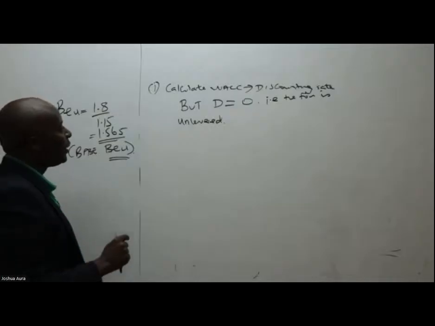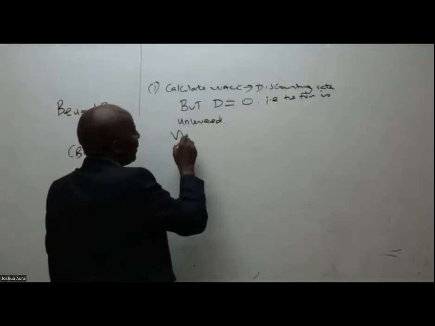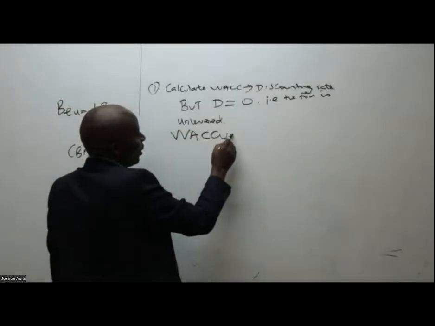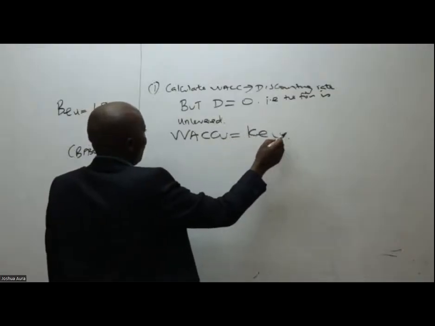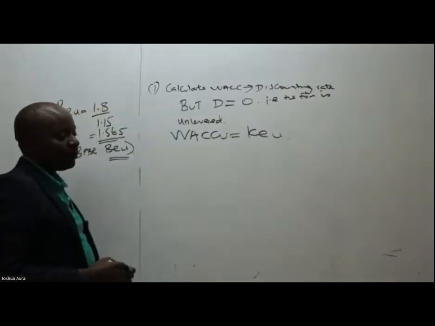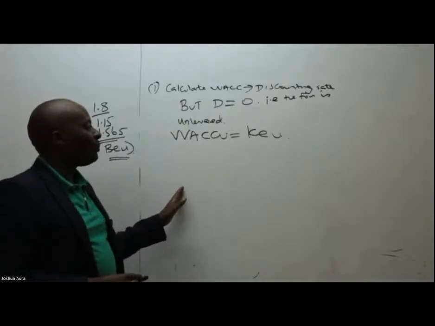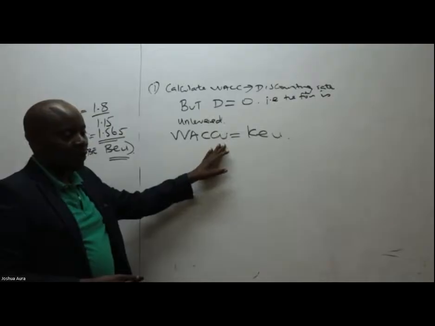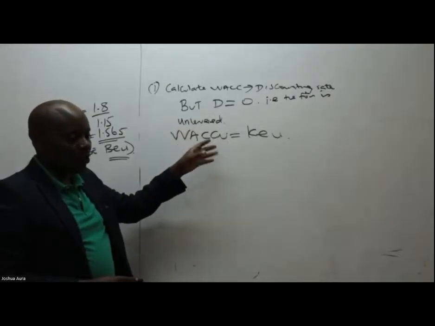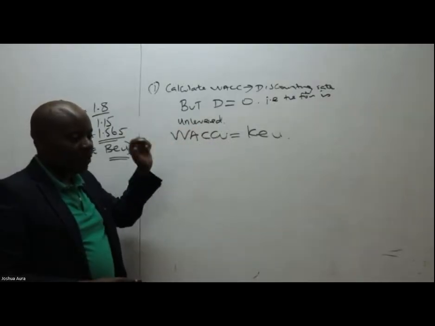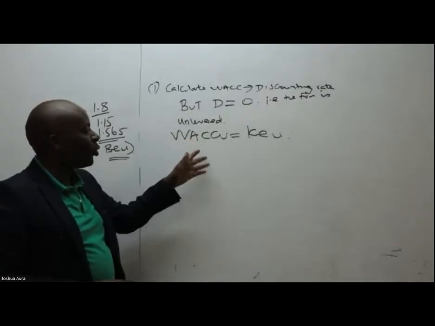So if it's unlevered, remember in this case, ladies and gentlemen, what we used to call WACC U equals Ke U. Very, very important. If it's unlevered, then the weighted average cost of capital of an unlevered firm will always be equal to cost of equity of an unlevered firm. Some students sometime back told me WACC U equals Ke.